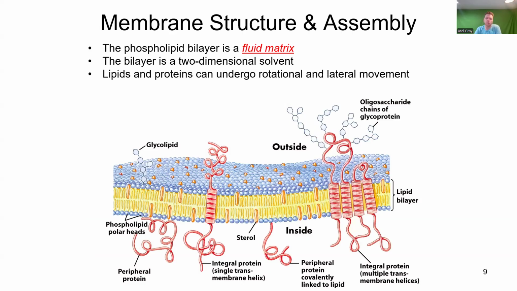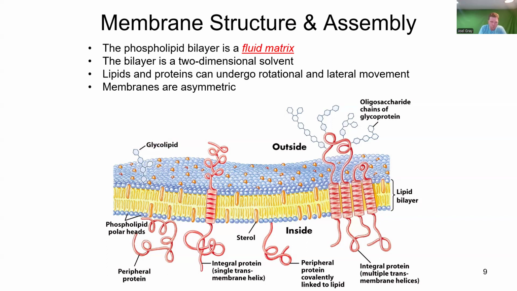Lipids and proteins can undergo rotational and lateral movement. Membranes are asymmetric. What that means is that stuff that's displayed on the outside is not necessarily displayed on the inside. A good example of that is a glycolipid here. A glycolipid is a sugar that is covalently bound to a lipid.